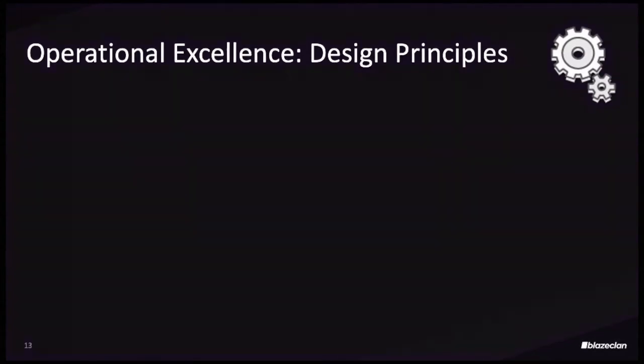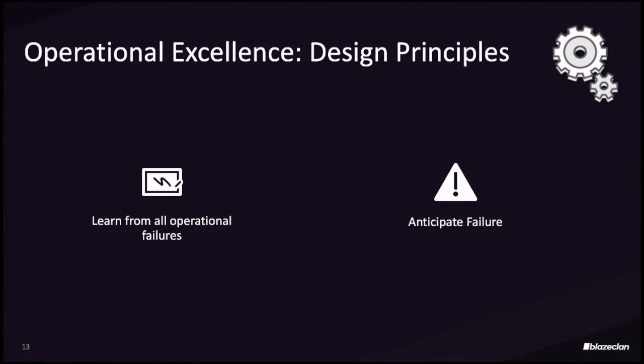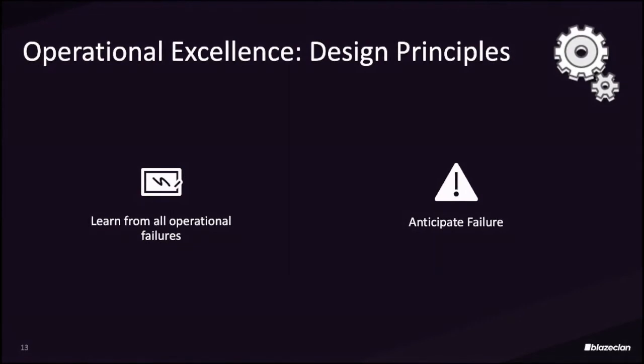The next few design principles under operational excellence would be self-explanatory, and two of them are learn from all operational failures and of course anticipate failures, to ensure that you are able to gather all the information and improvise on the learnings that you have had from a particular operational activity that you have done.